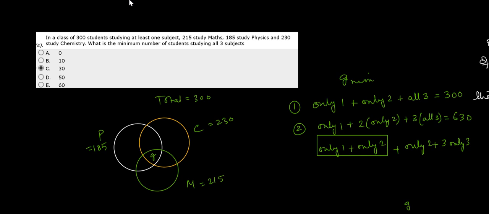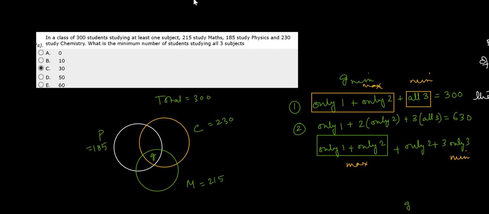So what does logic say? When all three is minimum, only 1 plus only 2 would be maximum. Sorry, all three minimum, only 1 plus only 2 would be maximum, and this would be minimum, right? What will only 2 be? Maximum or minimum?